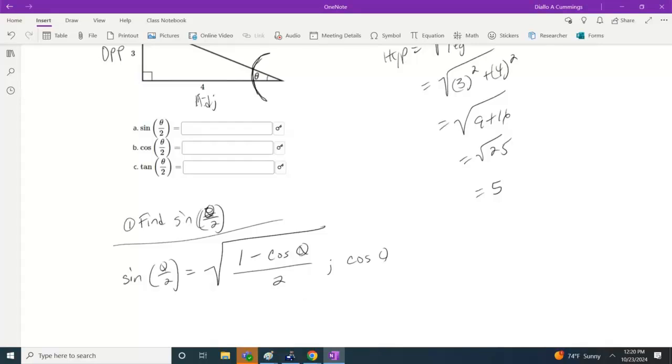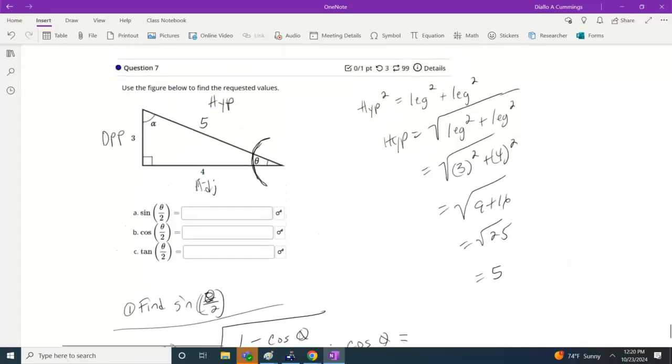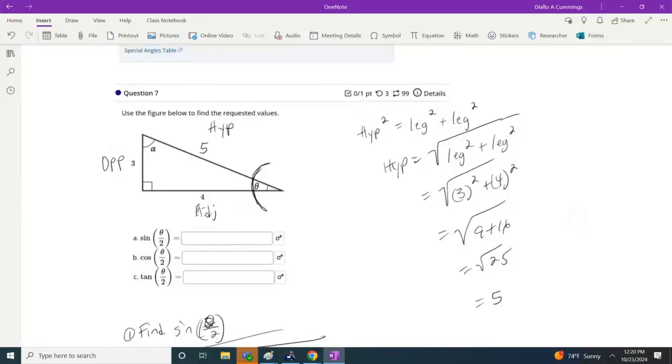So in this formula, I have to substitute in the cosine of theta. But what's the cosine of theta? Go back to your triangle, and remember, this is right triangle stuff.